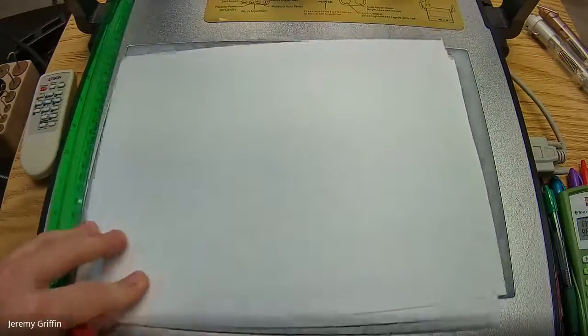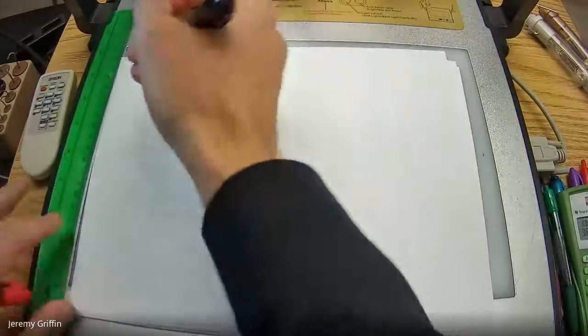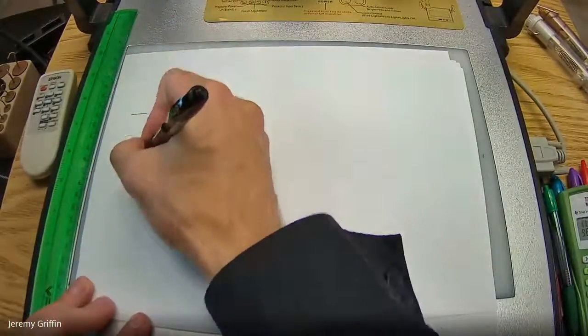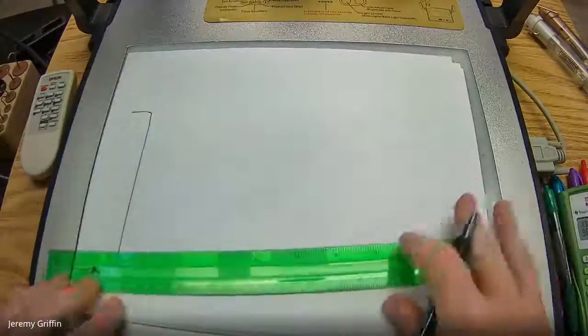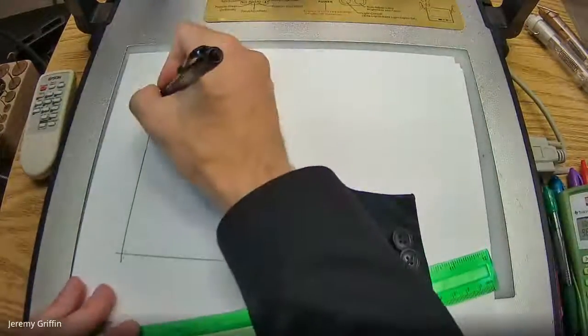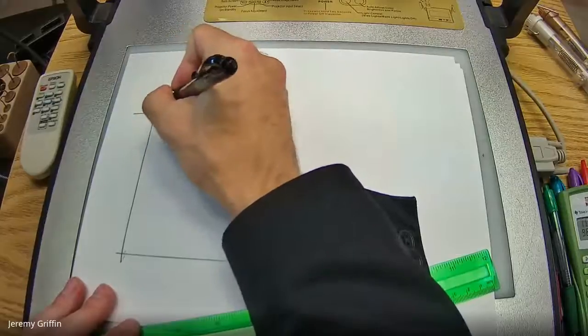And I'm going to use that framework to show you guys how to navigate a problem like this. You guys know what the picture looks like. Cliff, cannon. Now this cannon is aimed straight horizontal.